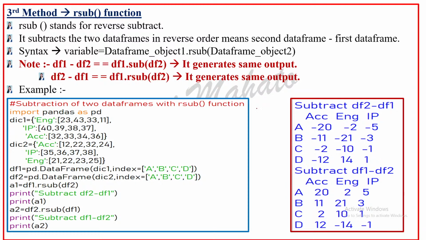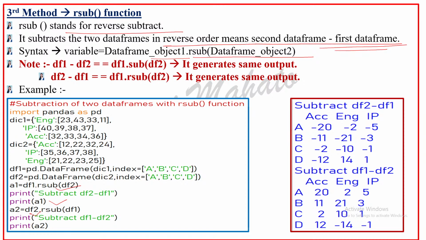Now rsub means reverse subtract. rsub stands for reverse subtract. It subtracts the two data frames in reverse order, meaning second data frame minus first data frame. Variable equal to data frame object 1 dot rsub data frame object 2. Whenever you write it, then print it.